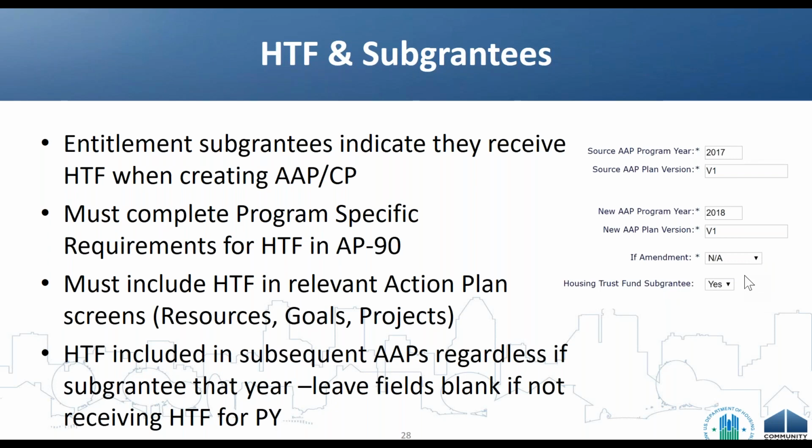And when I select yes to that question at that point of copying or of creating a new blank action plan, I will now have those HTF relevant screens, just like or fields, in the AP90 screen and throughout my action plan and comp plan, just like the state grantees did, albeit geared to being a subgrantee.